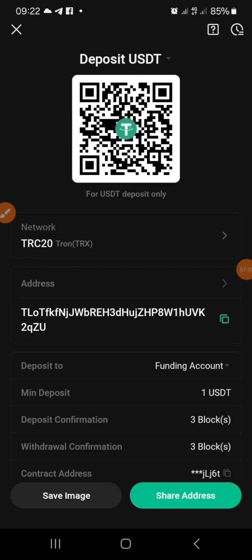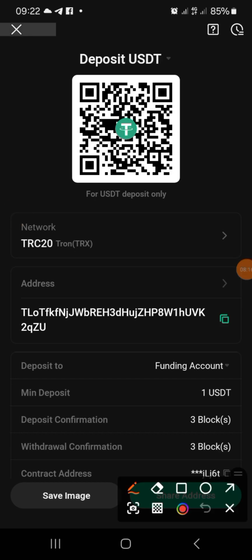And then what you do is, if you have someone that is an exchanger, I don't know the country you are in, probably Nigeria or some other country, if you know someone that deals with trading of USDT, someone you trust, someone you know facially, you can copy this particular address you're seeing here after putting your network.